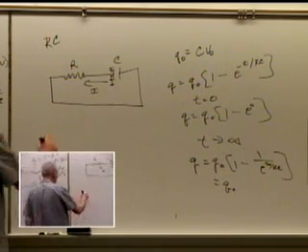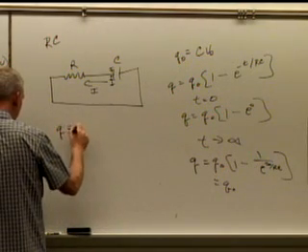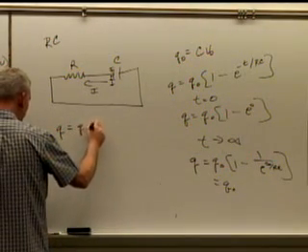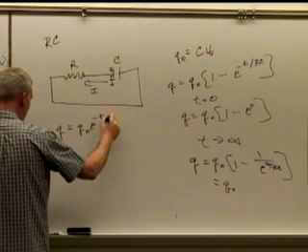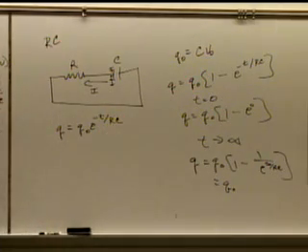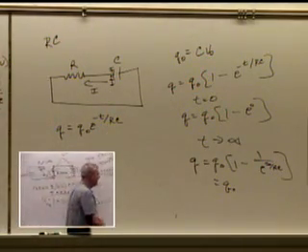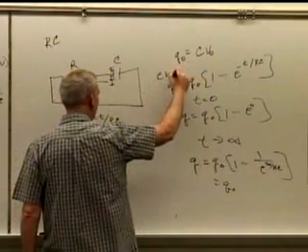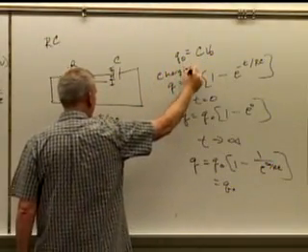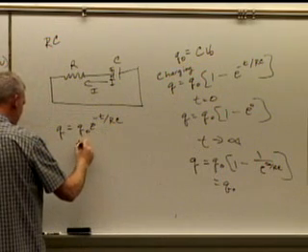Q is just equal to Q naught times e to the negative t over RC. That's discharging. This is charging, and this is discharging.